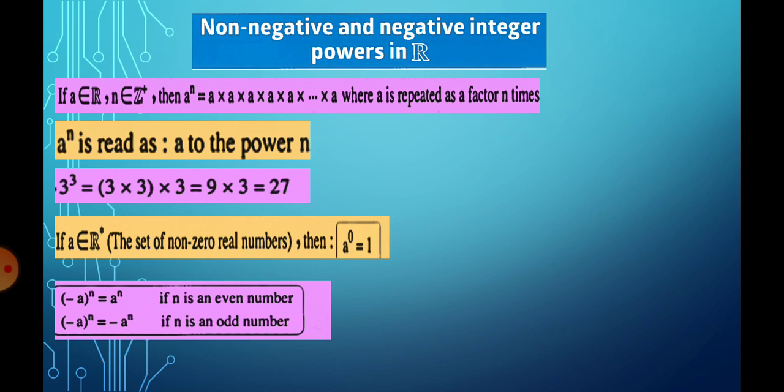We know negative times negative equals positive, so negative by negative by negative by negative will be positive. So negative a to the power n equals a to the power n if n is an even number. If n is an odd number, then negative a to the power n equals negative a to the power n.